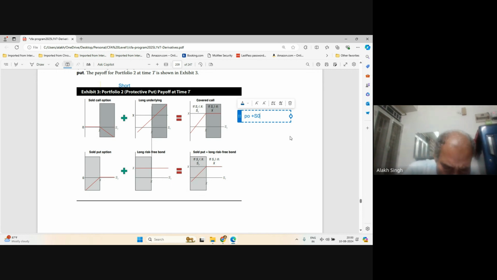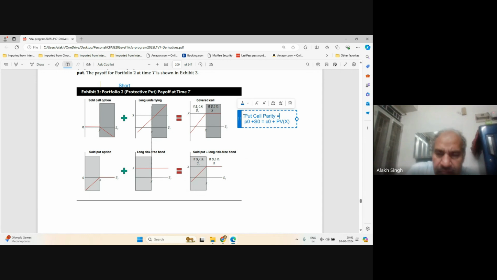So P0 plus S0 is equal to C0 plus the present value of X. That is what we read. This is called put call parity.